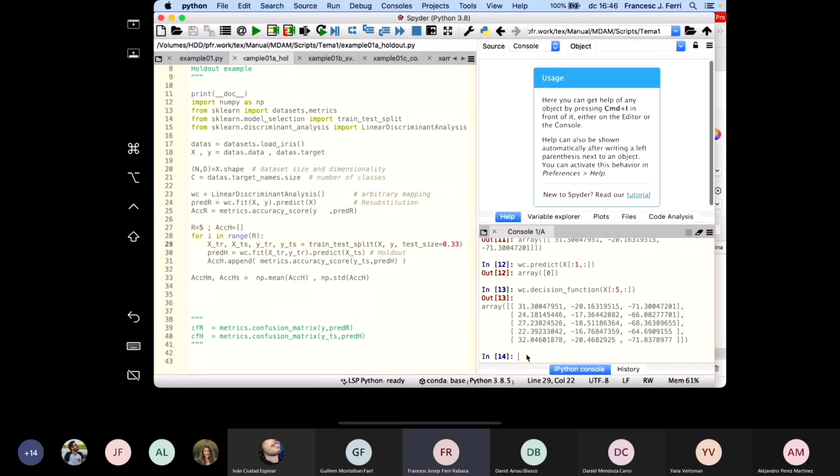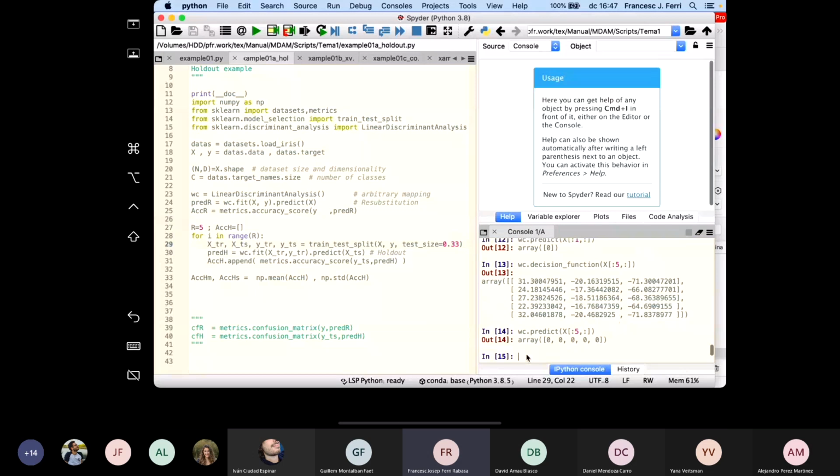In all cases, the maximum is the first. And in all cases, the prediction is 0. Is it okay? This is quite usual in a large number of classifiers.